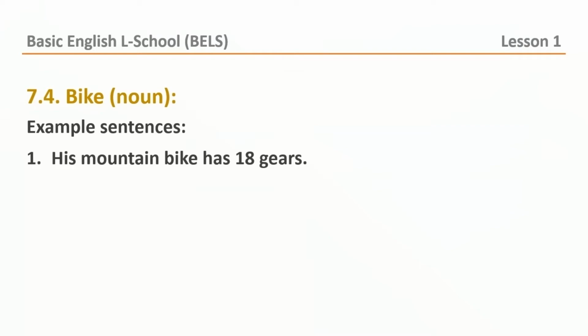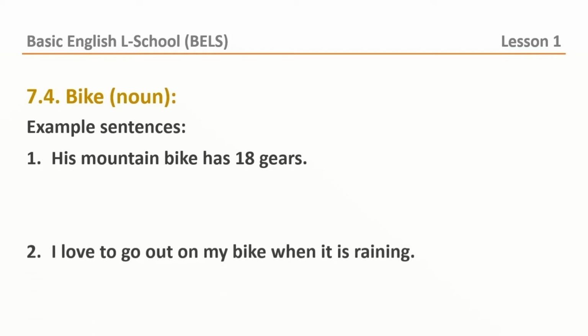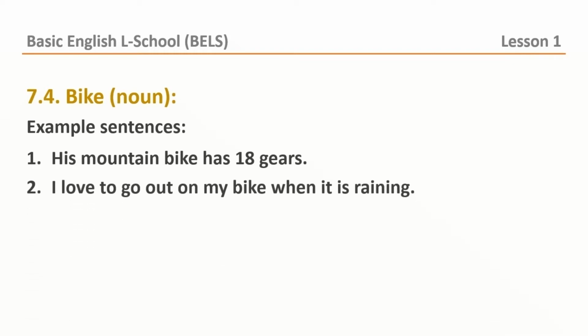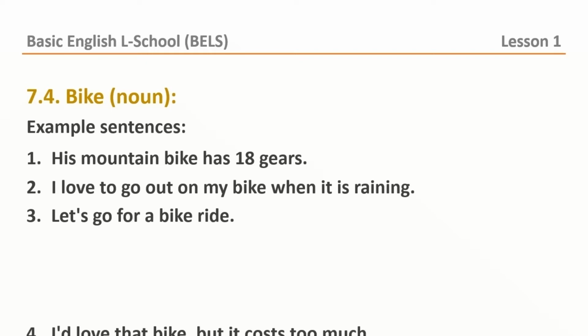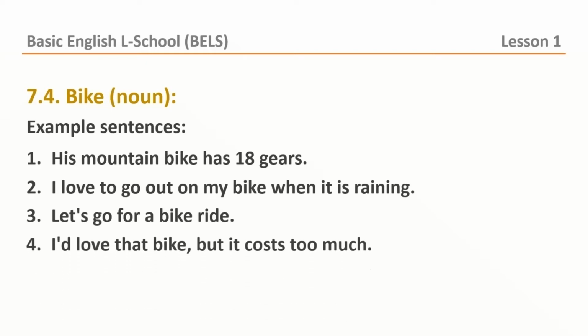Example sentences. His mountain bike has 18 gears. I love to go out on my bike when it is raining. Let's go for a bike ride. I'd love that bike, but it costs too much.